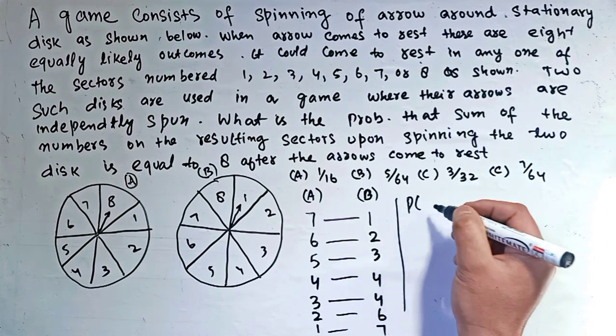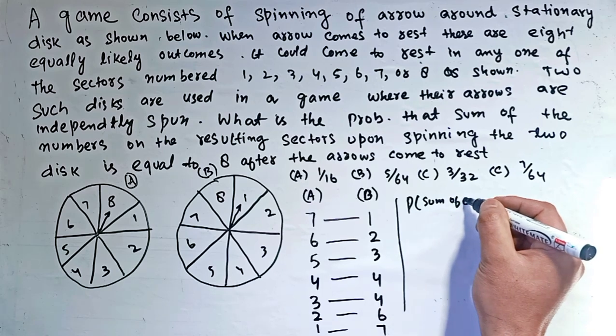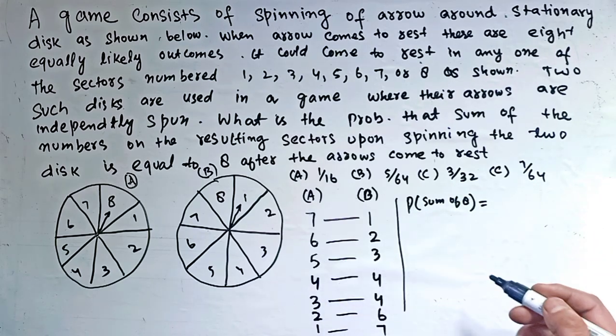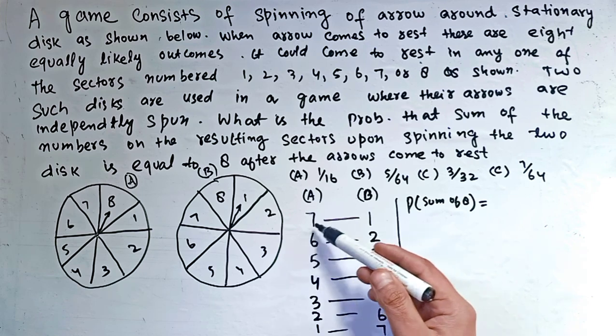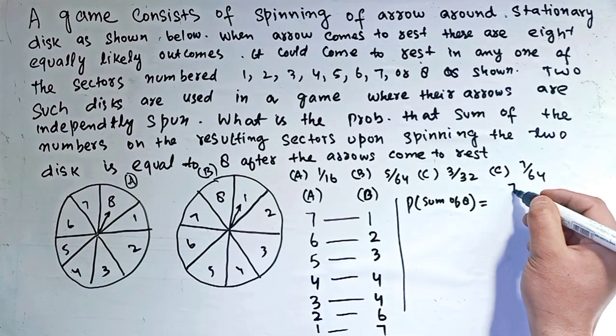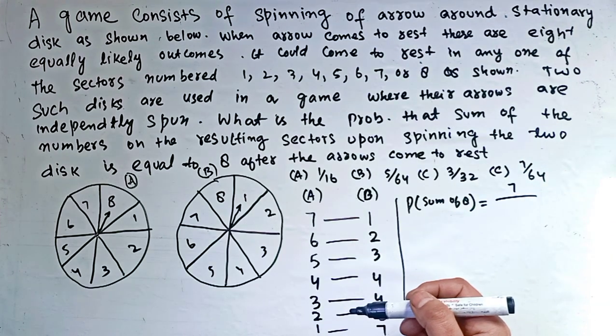Probability of getting a sum of 8 is equal to the number of favorable cases. We have 1 2 3 4 5 6 7, so these 7 combinations are in our favor, divided by the sample space. What will be the sample space here?